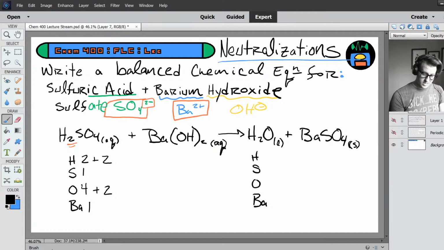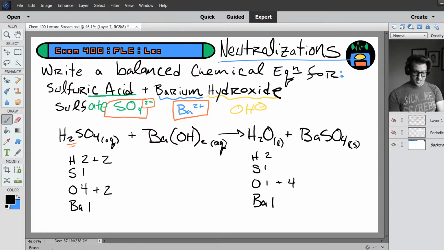All right, now on the product side we have 2 hydrogens, 1 sulfur, 1 oxygen from water, 4 from barium sulfate, and 1 barium. All right, so you'll notice that barium is already balanced, sulfur is already balanced, hydrogen and oxygen are not.